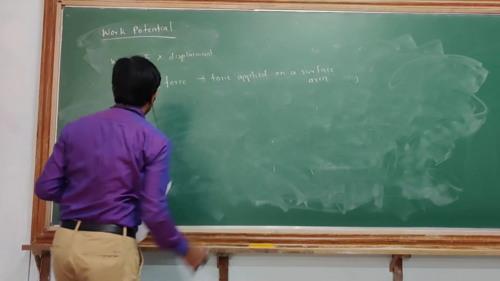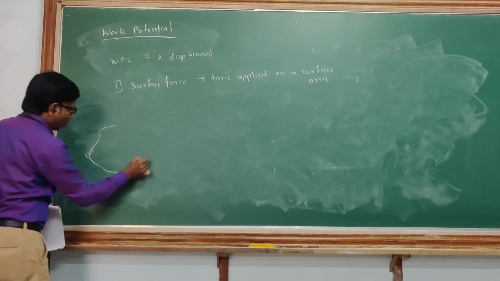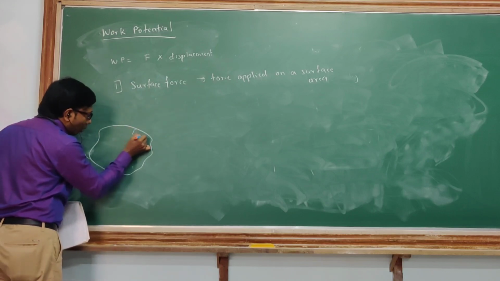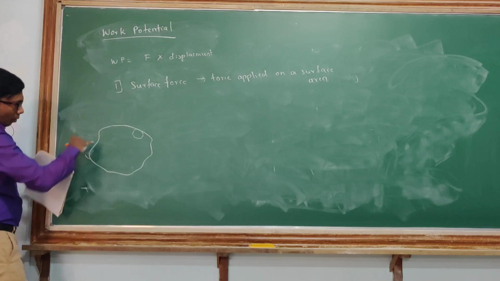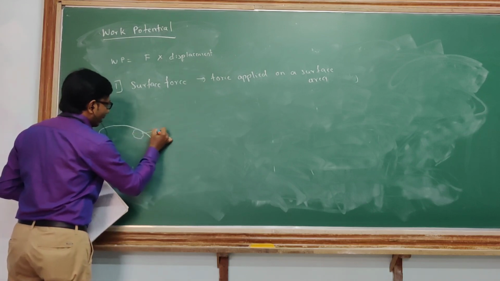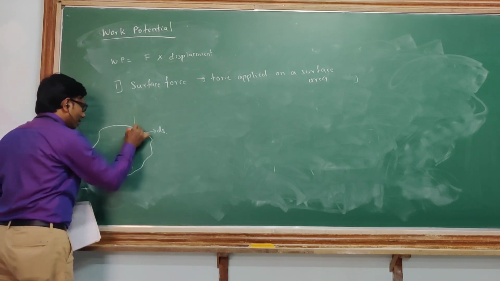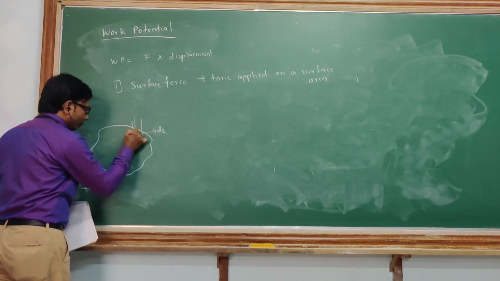I'll tell you how things work. If I have a body, I take a small portion of this whole body which has an area dS and try to apply the load.